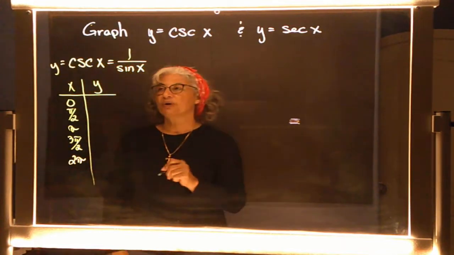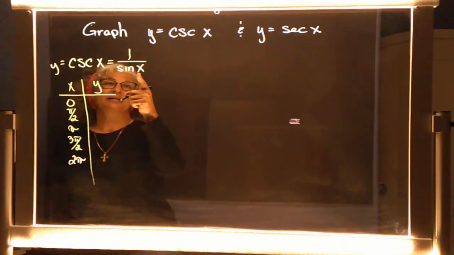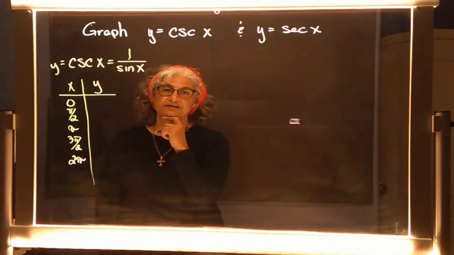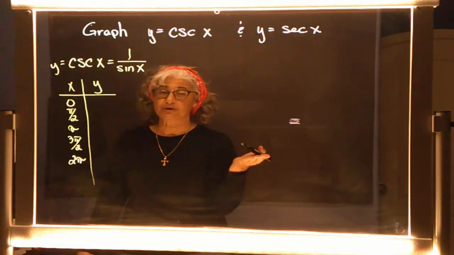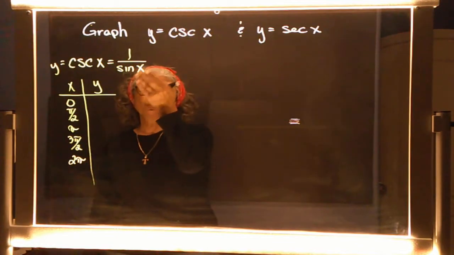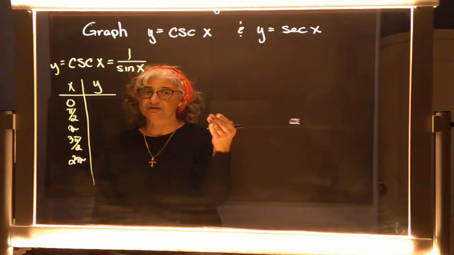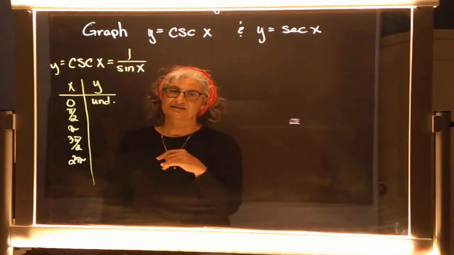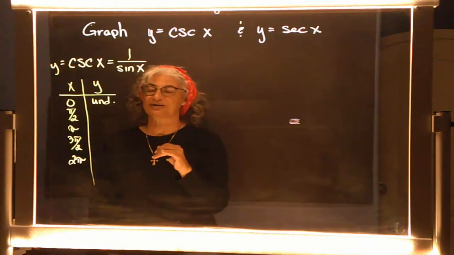Agreed? If I take 0 and plug it in, what's the sine at 0 radians? Yeah, it's 0. And if I flip 1 over 0, that becomes undefined. Well, already that's not starting out so hot, but okay, here we go.